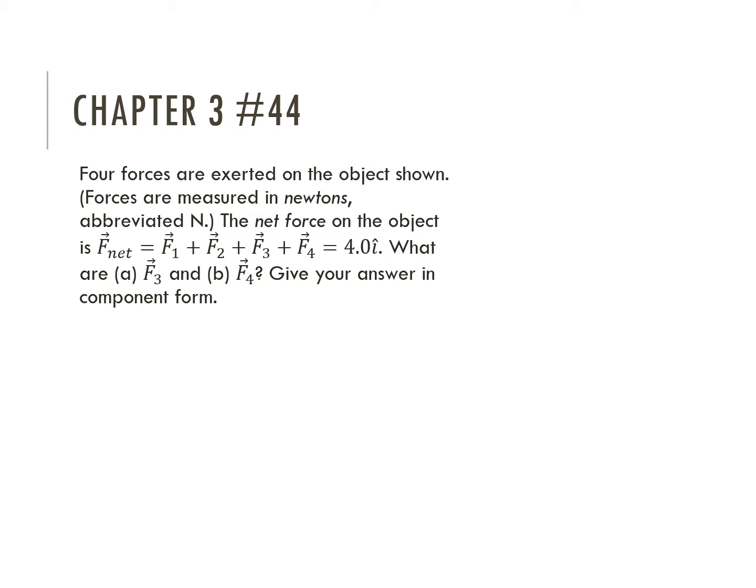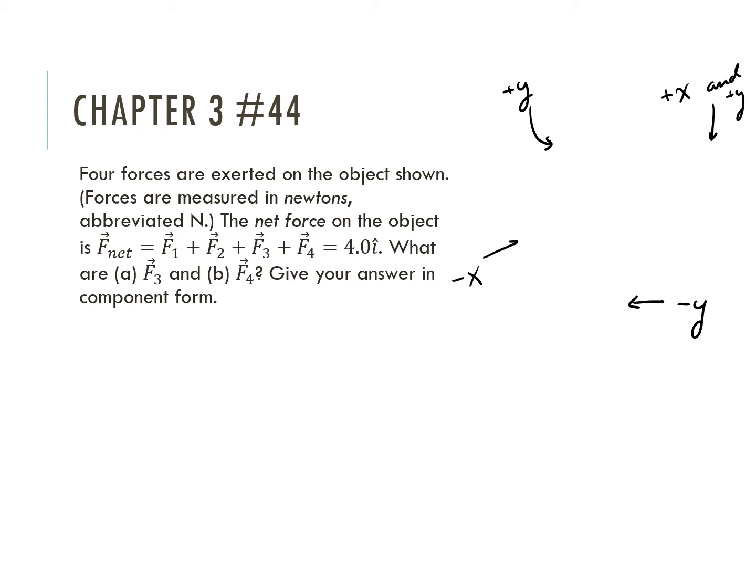All right, so let's figure out what's going on. F1 here is in negative y. F3 is in positive y. And F4 is in negative x. F2 is different. It's in positive x and positive y.